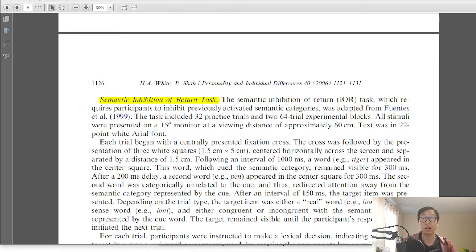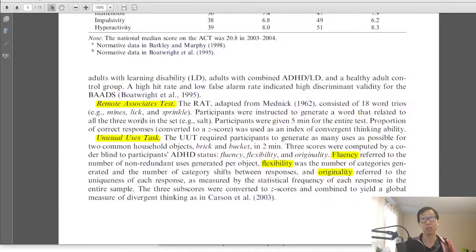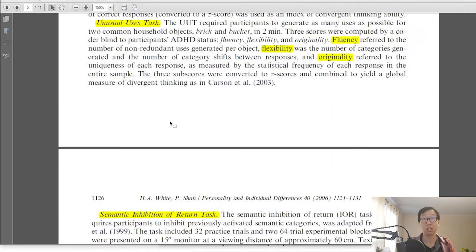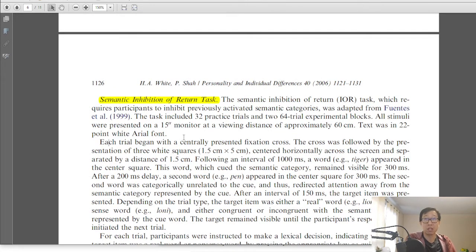This is the third task that each participant has to do, the first two being the remote associates test and the second the unusual uses task. So for the third test, the participants see a word in the middle of their screen, and then it's replaced by a new word. So the first word, as they describe here, could be tiger.